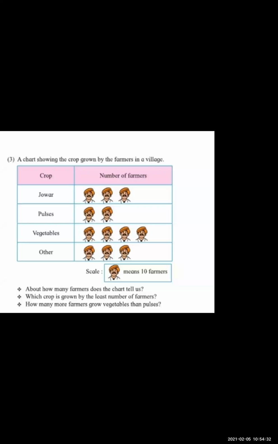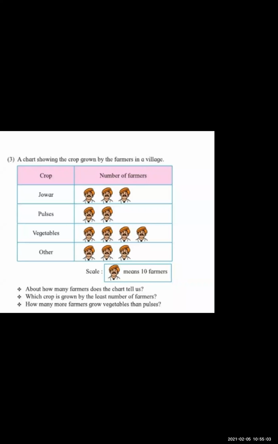Look here. Now tell me, is my screen visible properly? Tell me which picture is visible now. What is the name of that picture? Anyone? Number of farmers. Very good, Sakshi. Sneha, good. Adarsh, very nice. Keep it up.